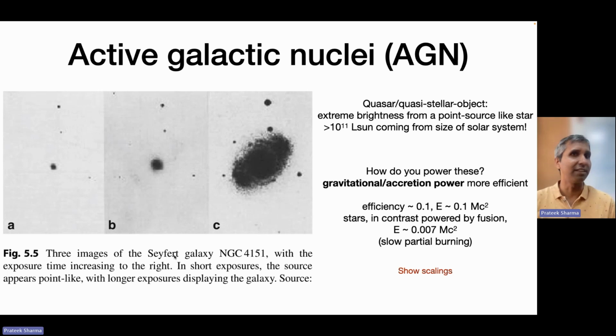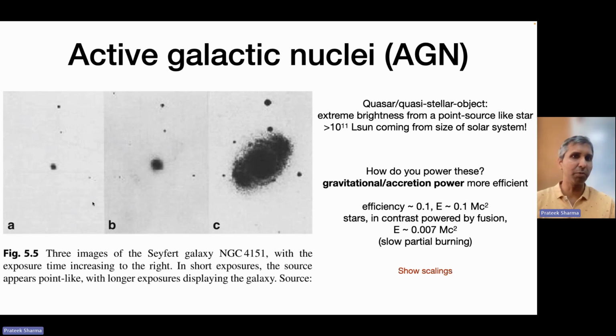So those galaxies are known as Seyfert galaxies. They look like spiral galaxies normally, but they have very bright centers. And these bright centers are active galactic nuclei, or AGN. These are powered by accretion.